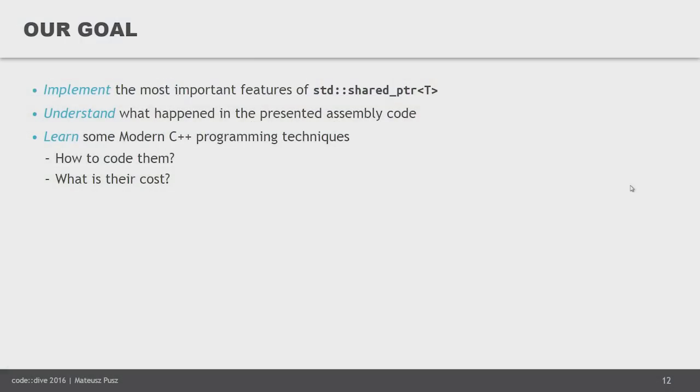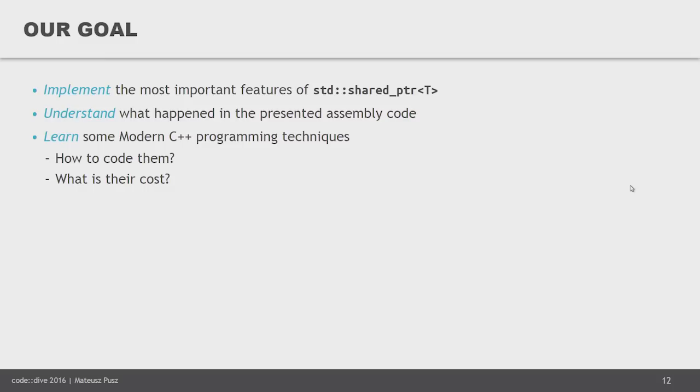Our goal today is not to implement everything, because we don't have much time for it, but we'll try to implement the most interesting features and describe them. The task is also to understand what happened in this assembly code I presented to you.